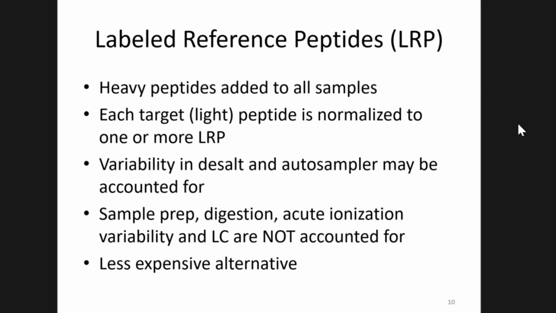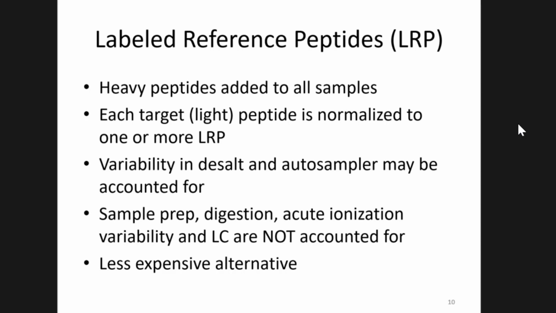Another option is a labeled reference peptide, and this is something that was explored as an option to not have a heavy peptide for every single peptide in your method. The idea here is you have one or maybe a couple of heavy peptides that you spike in that are not the same as things in your sample, so they won't have the same mass to charge and mess up any other measurements. And you normalize the peak area to these labeled reference peptides.